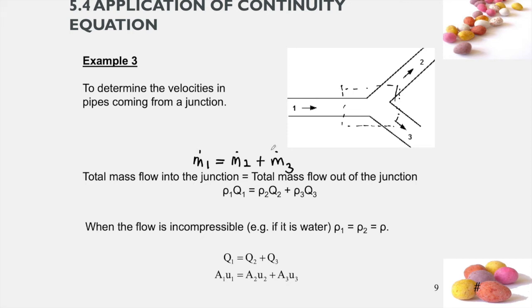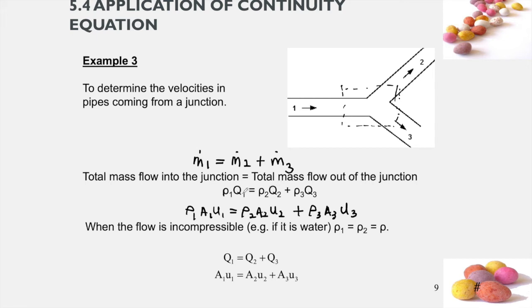Are there any arrows entering this boundary? No, there is only 1. So mass flow rate at 1 equals mass flow rate at 2 plus mass flow rate at 3. We change it into this equation: rho 1 A1 U1 equals rho 2 A2 U2 plus rho 3 A3 U3.